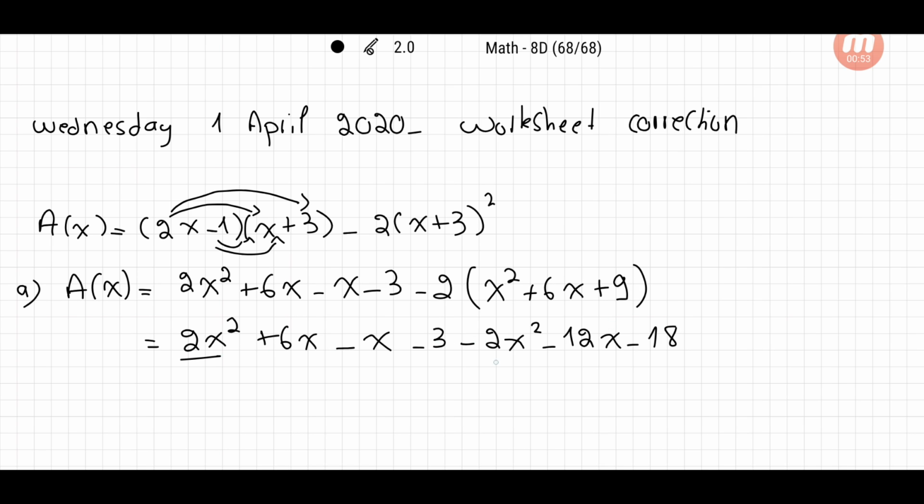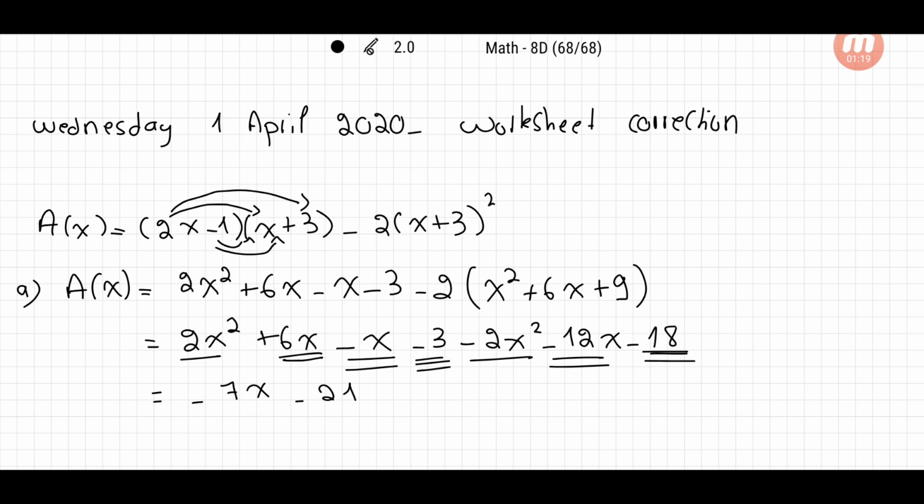Now 2x squared minus 2x squared is 0. 6x minus x is 5x, minus 12x is minus 7x, and minus 3 minus 18 is minus 21.